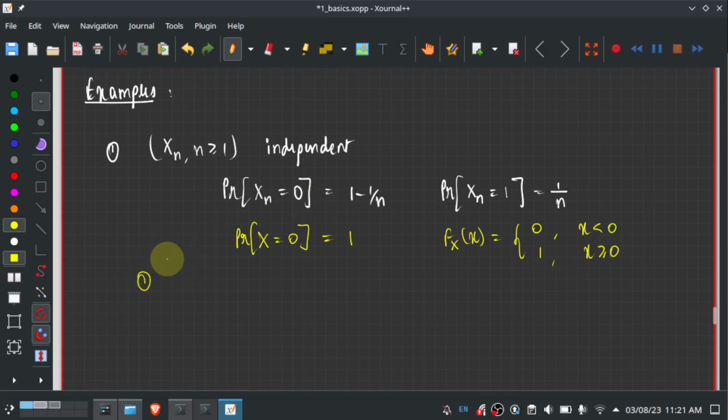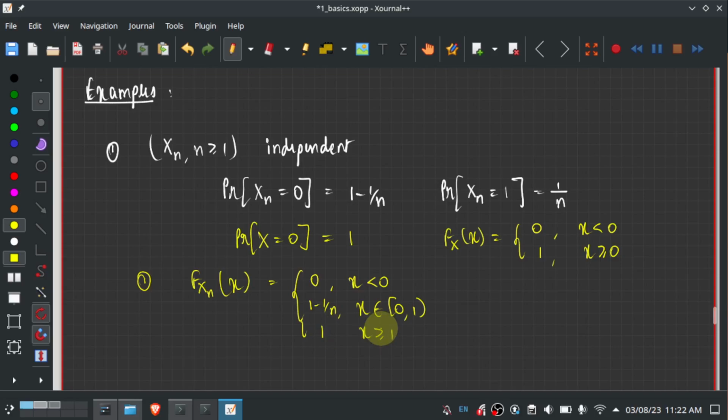What about xn? What is the CDF of xn? This is equal to 0 for x less than 0, 1 minus 1 by n for x in the range 0 to 1, and it's 1 for x greater than or equal to 1.